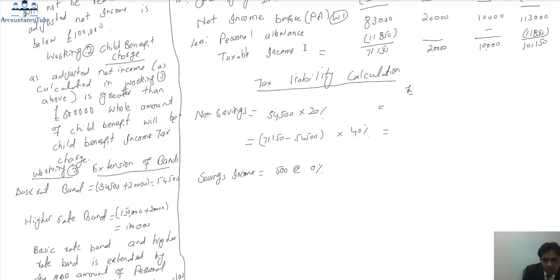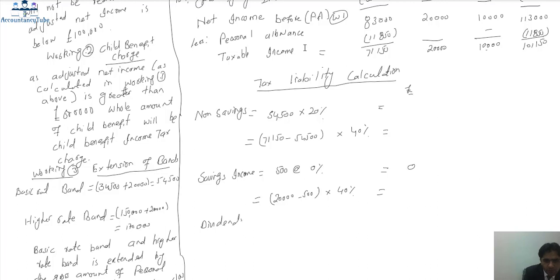So 500 at the rate of 0% is equal to 0, and the remaining amount, how much was the total? £20,000. So £20,000 less 500 equals 19,500 at the rate of 40%, because now we are in the higher rate band. So that would be our tax on the savings income, right? After that, we've got dividends income. We got dividends as well.